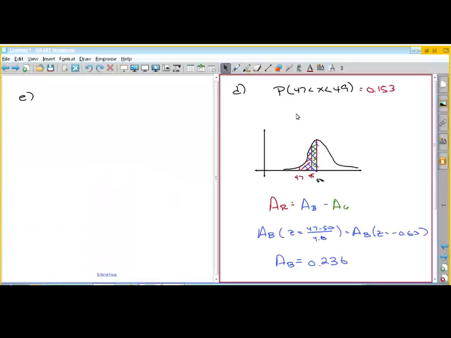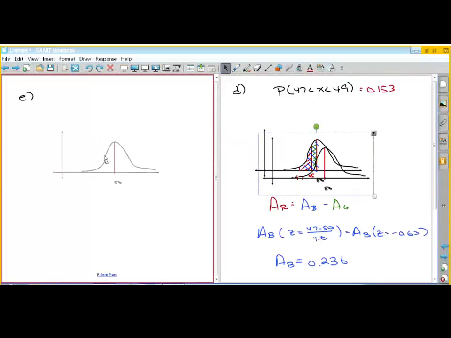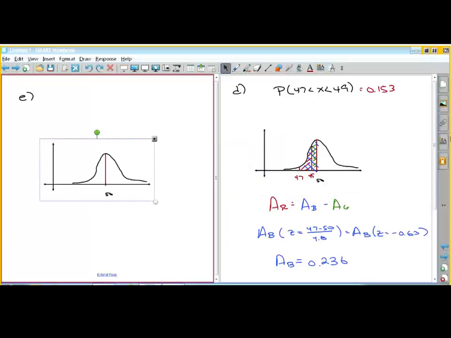Okay, E. Again, copy the drawing. E is looking for between 47 and 56. Let's write that down: what is the probability of getting between 47 and 56?